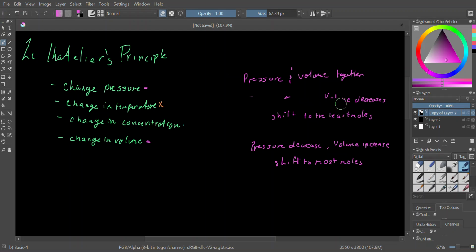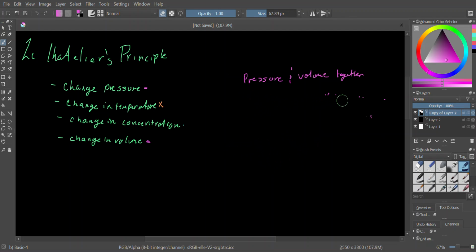So, how do I say this? In shorthand, so that you're not writing everything down or getting confused, it would be: pressure increase equals least moles, pressure decrease equals most moles.